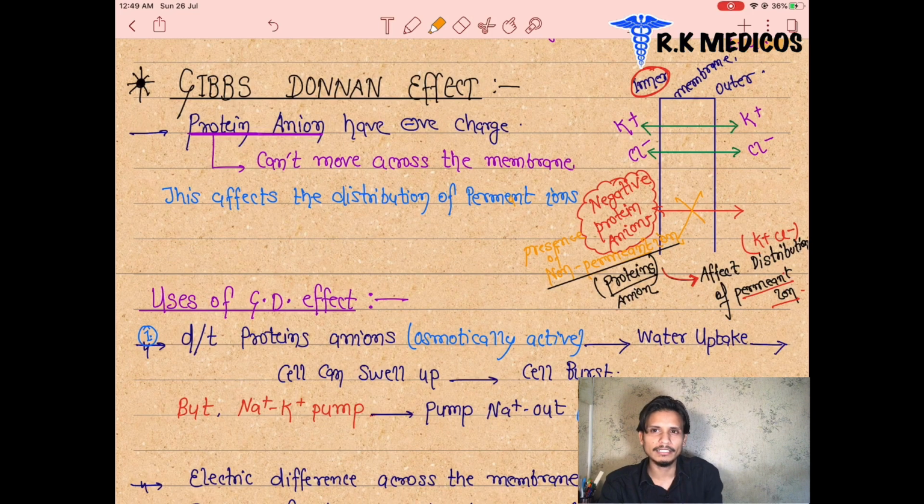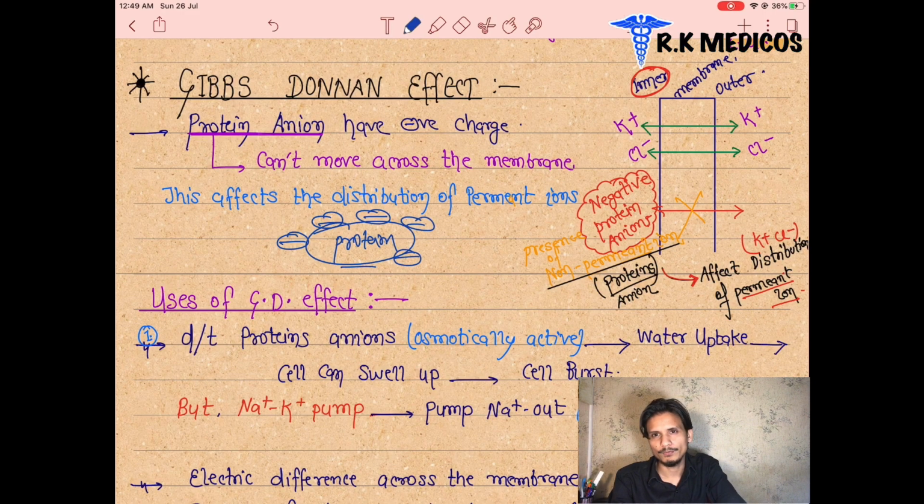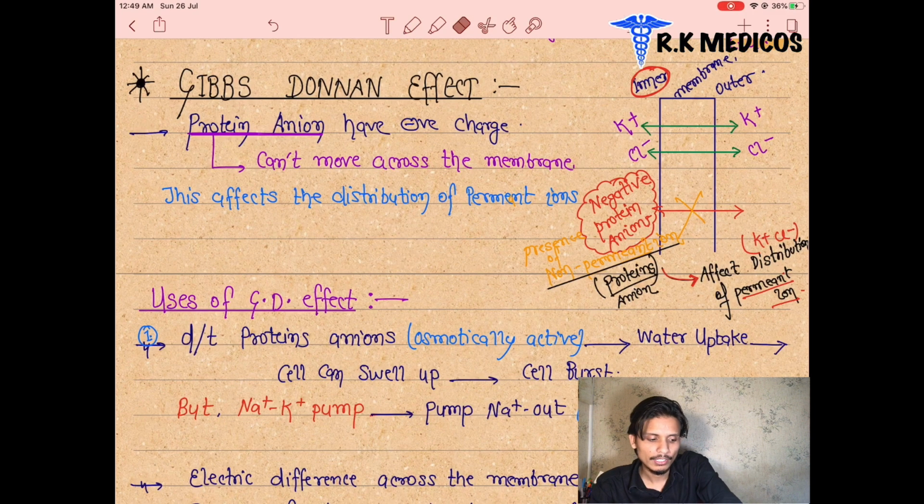Inside the cell the protein concentration is higher, and these protein molecules have several negative charges on their surface. So the protein is a negatively charged molecule present inside the cell, in a higher amount, which means the negative charge inside the cell is also maintained by the protein.